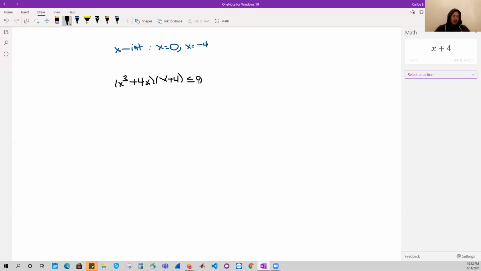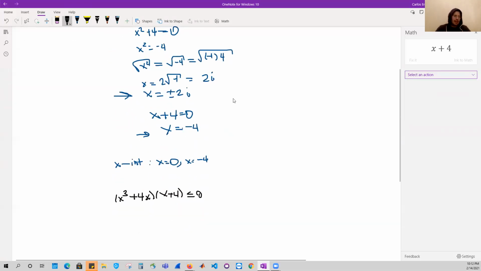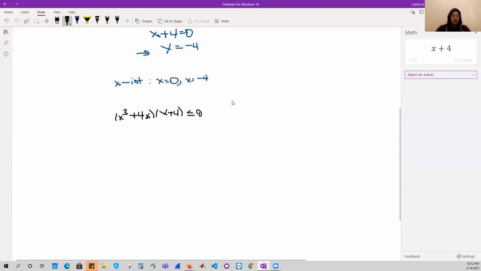Solving inequalities takes pretty much the same steps as before, except that in an inequality, your solutions are going to be a range of numbers. And this range of numbers comes from how you have solved the factors of your polynomial.